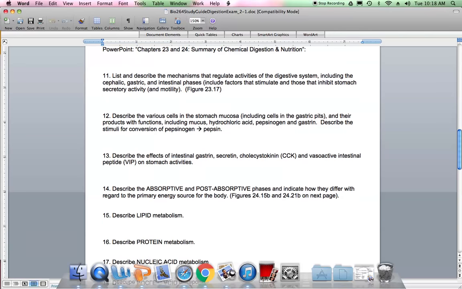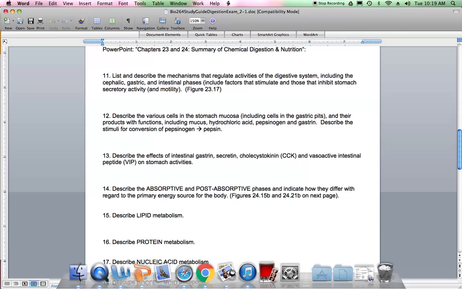13. Okay, intestinal gastrin, secretin, cholecystokinin, CCK, and vasoactive intestinal peptide, VIP. From the first burst of gastrin, you have an increase in stomach activity, but all of these intestinal endocrine products will go to the stomach and slow it down, because you can't have the entire stomach contents emptied into the duodenum at one time.